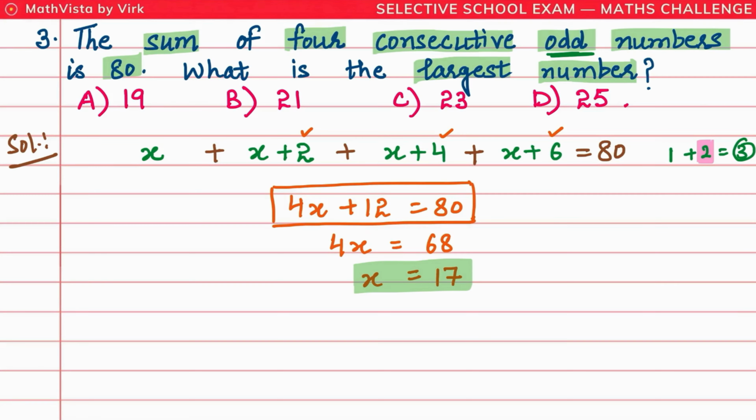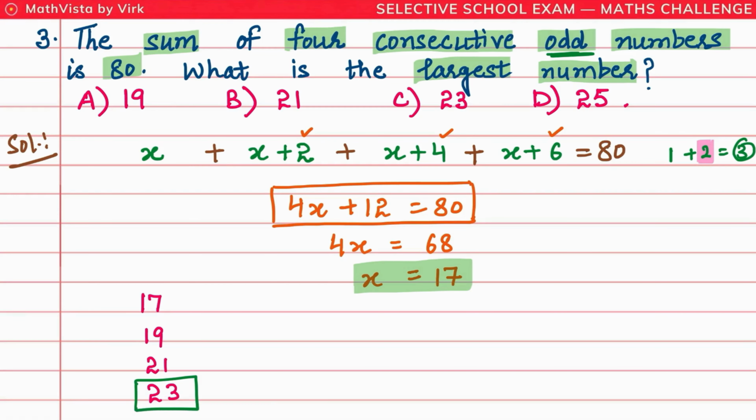Now we have to find all the consecutive odd integers. The first one would be 17, next would be 19, and then 21 and 23. So which is the largest integer here?